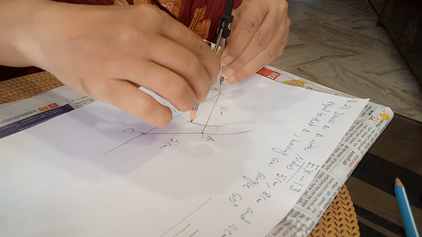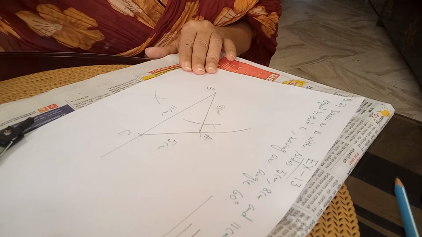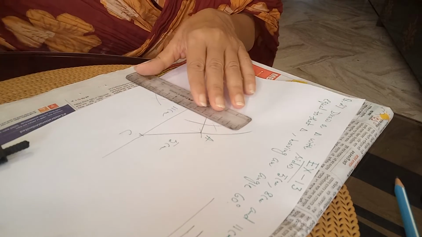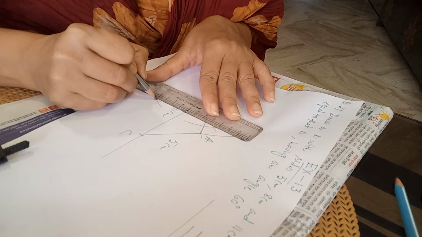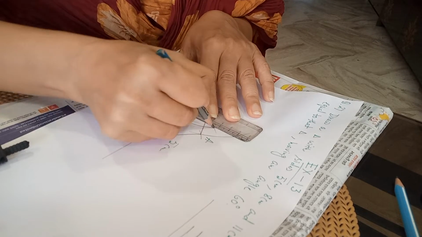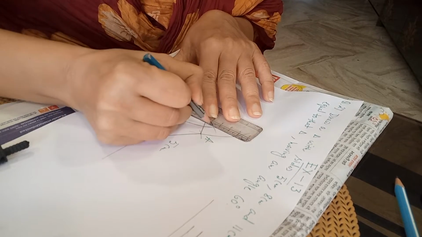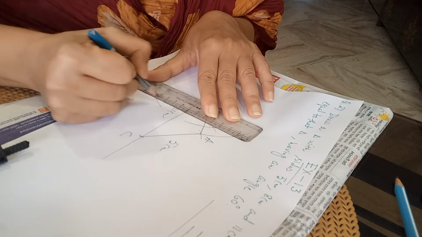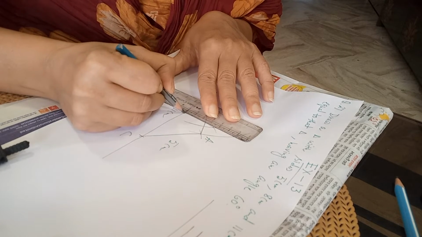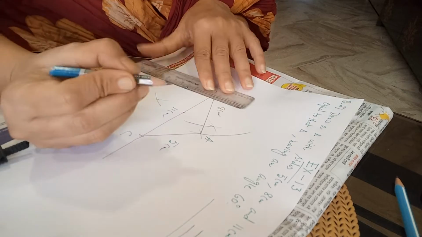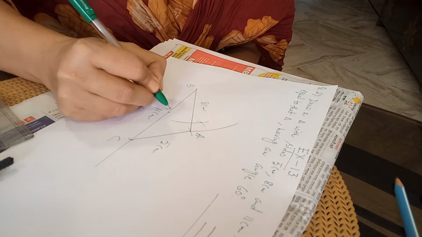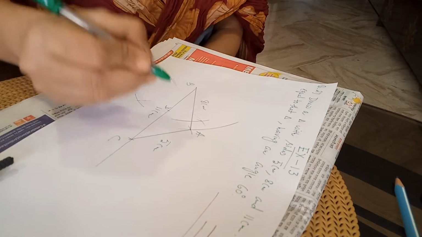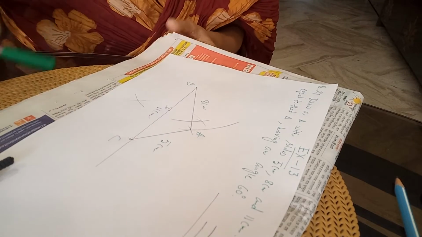So now I have bisected the base BC. I am giving name D. This point is D. Here it is bisected here.